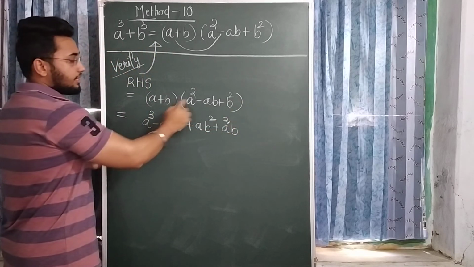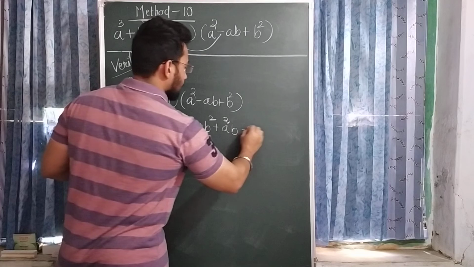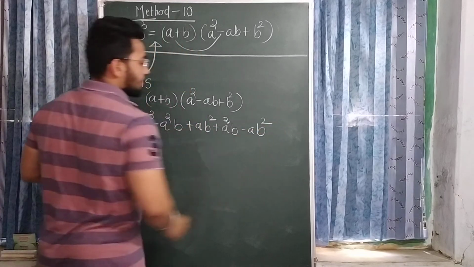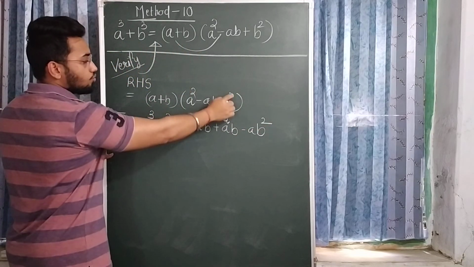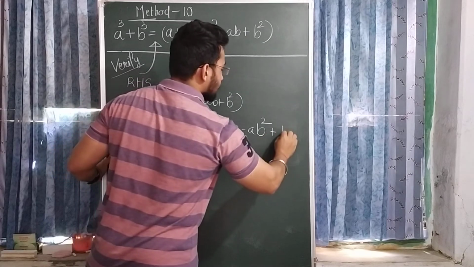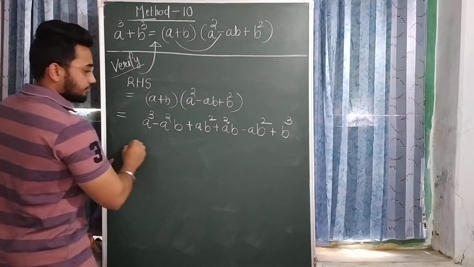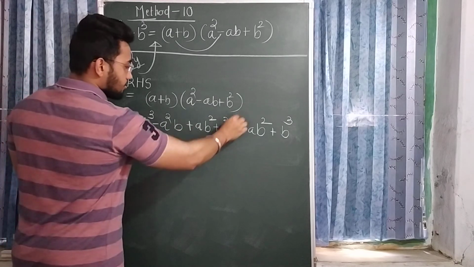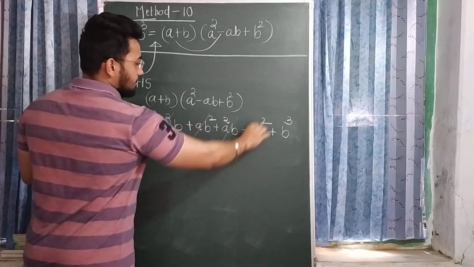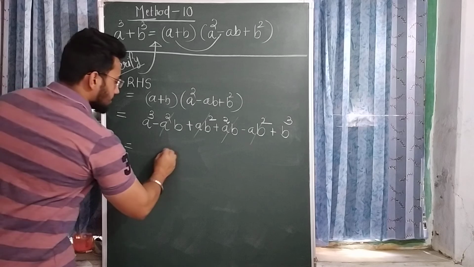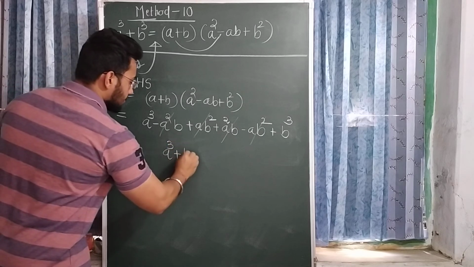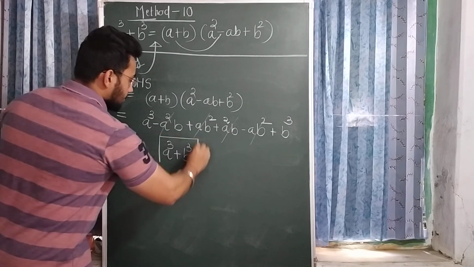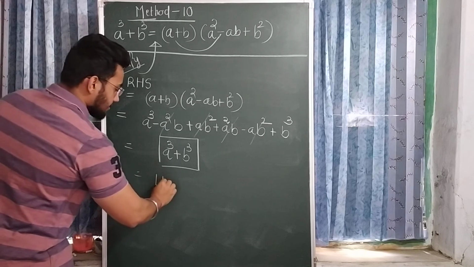Okay, b into ab, minus ab square, and b into b square, that is b cube. Now we have to check: a square b cancels, ab square cancels, and our answer is a cube plus b cube. This is our LHS.